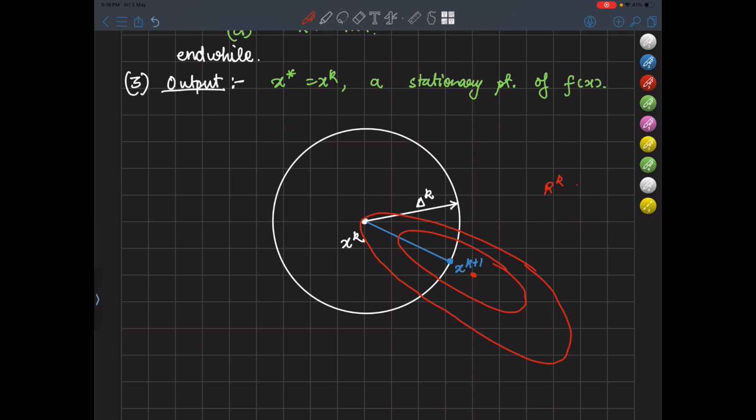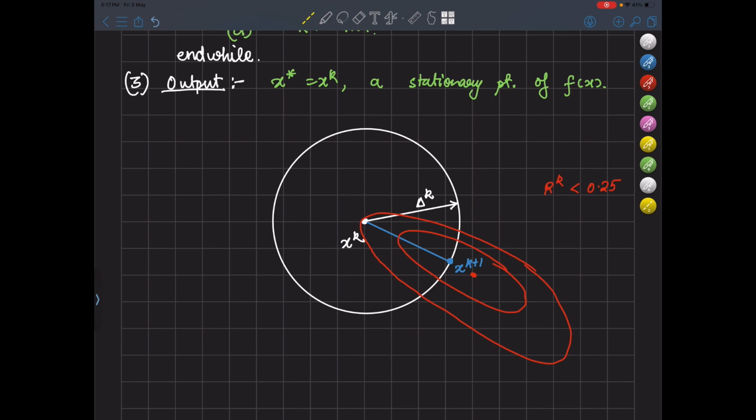If it is less than 0.25, we'll take this xk plus 1, but we'll reduce the trust region. So now the trust region will be smaller. So delta k is reduced to 1/4.